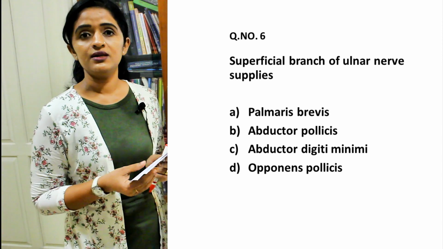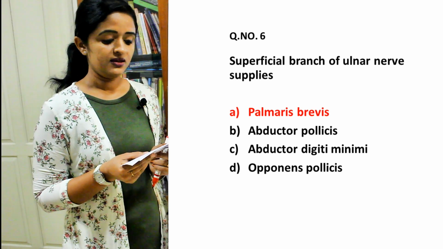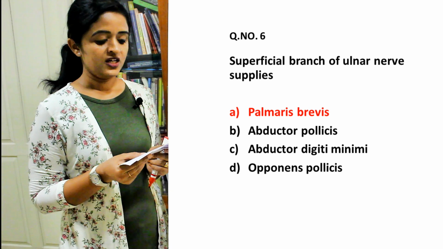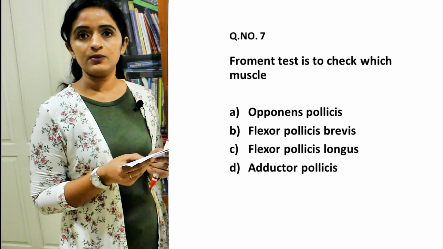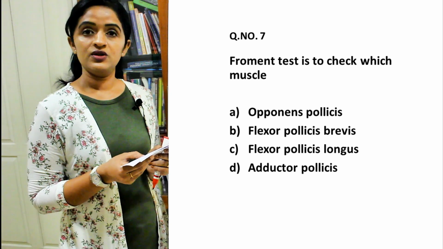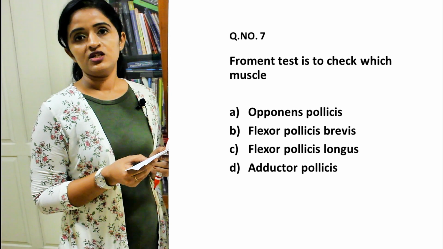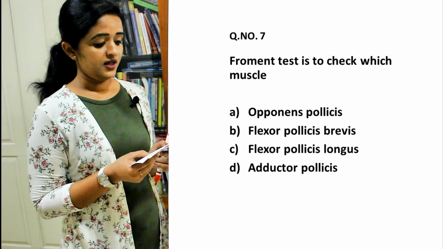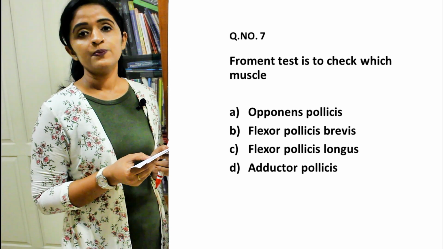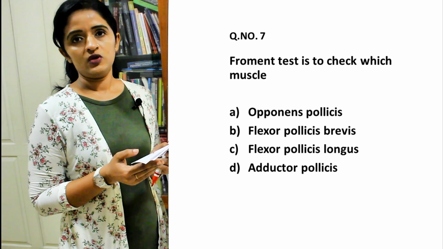Next is Froment's sign or Froment's test is to check which muscle. The options are opponens pollicis, flexor pollicis brevis, flexor pollicis longus, adductor pollicis. So this is actually a test to detect the action of adductor pollicis muscle.